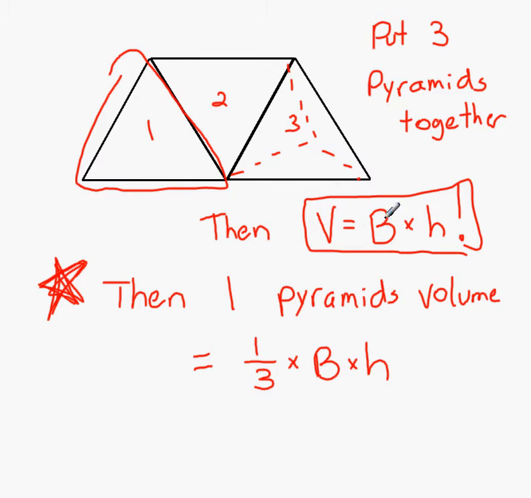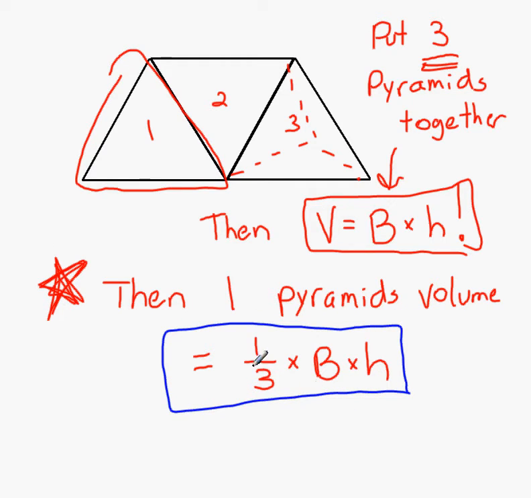But since we put 3 of them together to form that, if you want only one pyramid's volume, then you take 1/3 times the area of the base, big B, times the height.